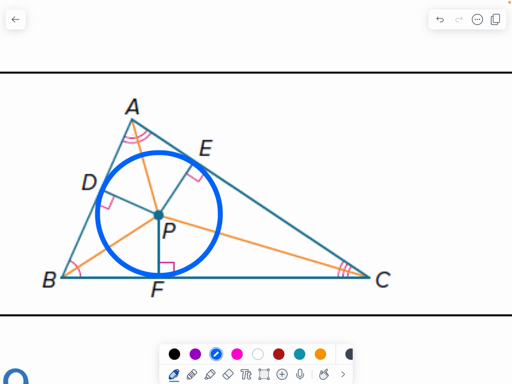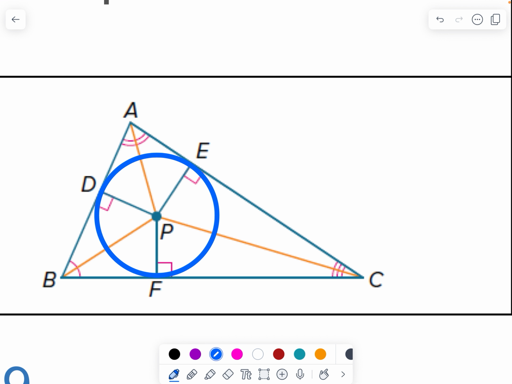You can make an inscribed triangle using your incenter. That's kind of cool. You will be doing this in Alex, and I want you to see this. You will be making angle bisectors.